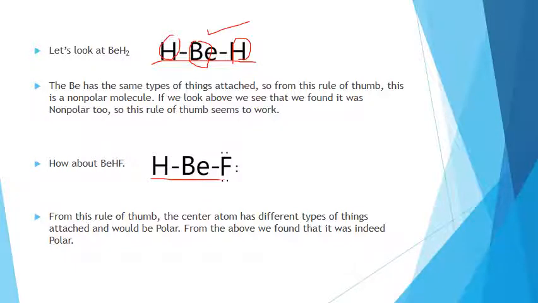Now let's try it with this guy here, which we already determined is polar. You notice that it has two different types of things. And so we said if it has different types of things attached to the center atom, then it's going to be polar, and that's what we determined before.